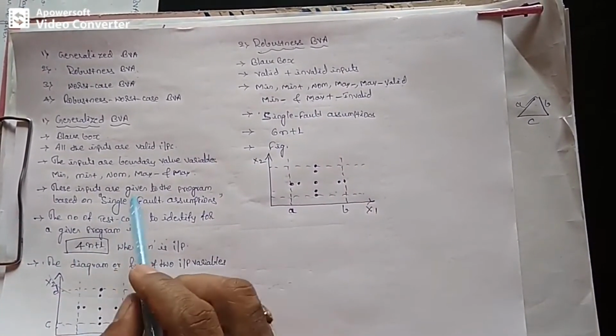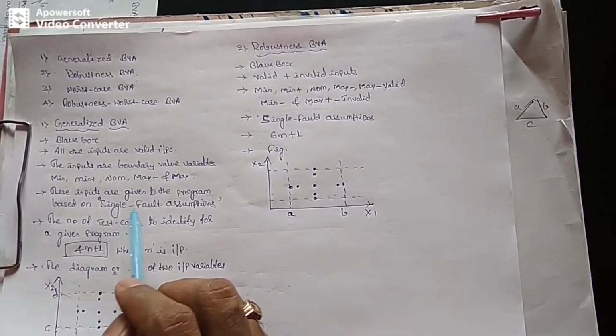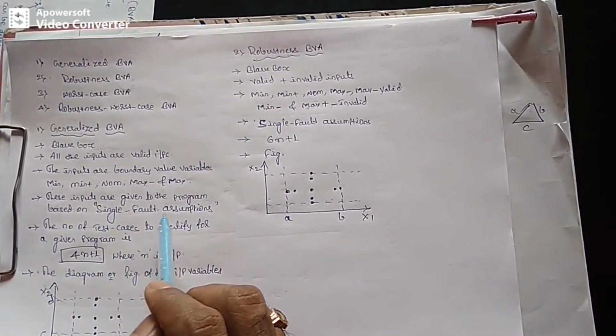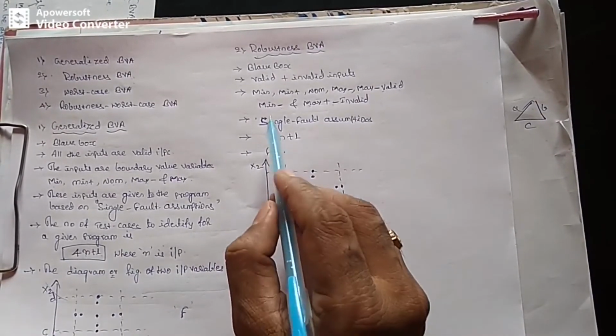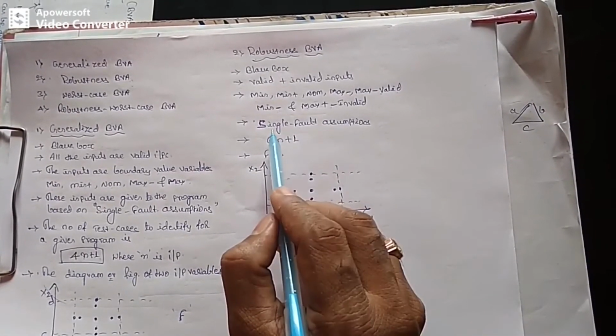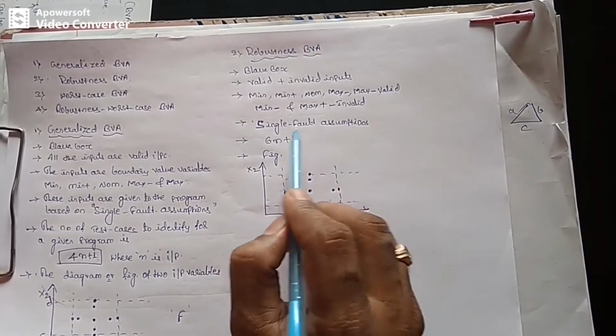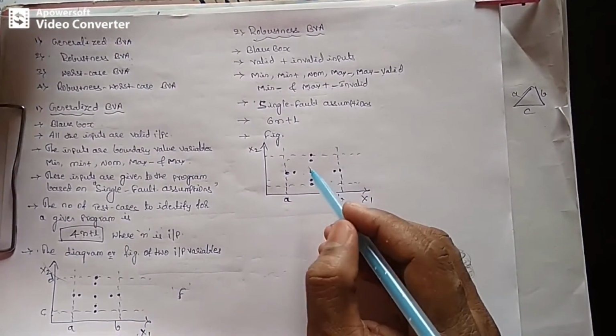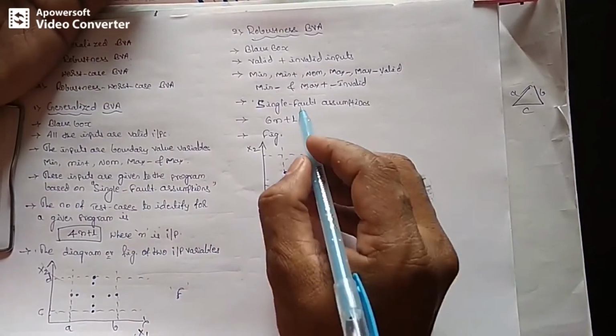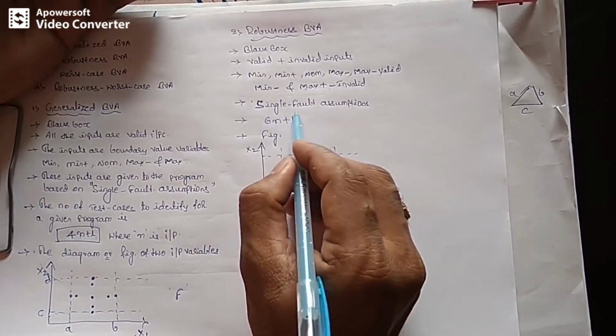As I told in the generalized boundary value analysis method, based on the single fault assumption, the input combinations will be given to the program. Here also we will use the single fault assumption technique to specify the different sets of input parameters for a given program. Once again I'll repeat what is meant by single fault assumption.